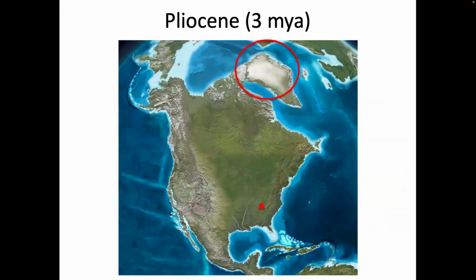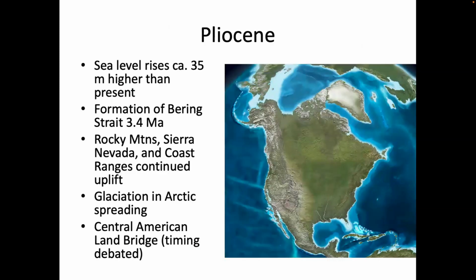So this is an artist rendering showing what North America looked like as of the early Pliocene, or actually the late Pliocene, 3 million years ago. You can see there's a buildup of ice, an ice shelf over Greenland here. And some of the major events of the Pliocene include the dramatic rise in sea level.